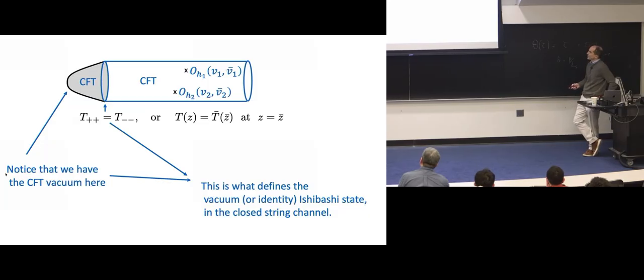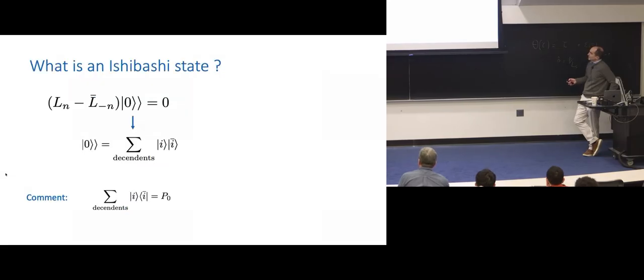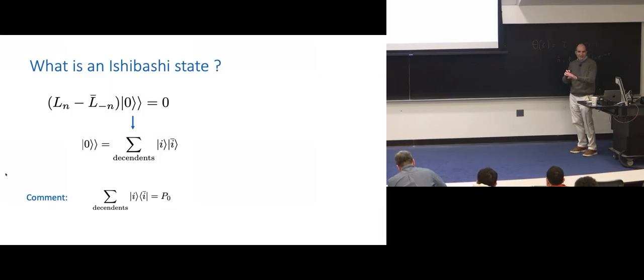Let me just review what that is for those who don't know. This is sometimes denoted as |0⟩⟩, with double bracket, meaning the Ishibashi state. It is a state defined by this condition: you have the left and right moving Virasoro generators, and we impose that they match. We're thinking of this in the closed string channel, quantizing in the radial direction, and this boils down to a bunch of equations which you can solve.